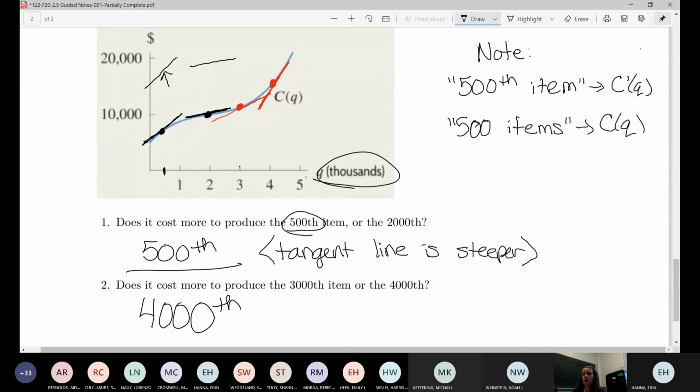This one would be steeper than this one. So whenever you want to look for which one is costing more to produce, you want to look at the slopes, because we're looking at C prime instead of just regular old C. Since the slope of the line at 0.5 is steeper than the slope of the line at 2, it would cost more to produce the 500th item because the tangent line is steeper there. Does that make sense? Yeah, perfect sense. Thank you. Cool.